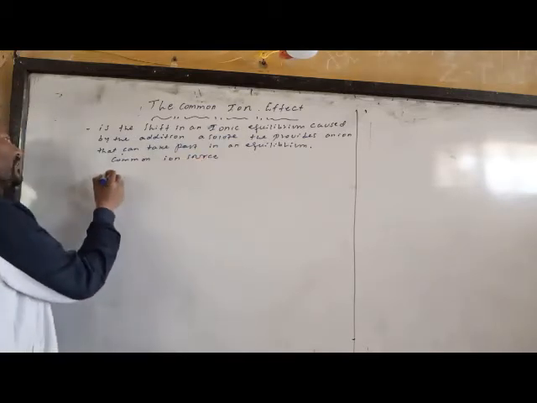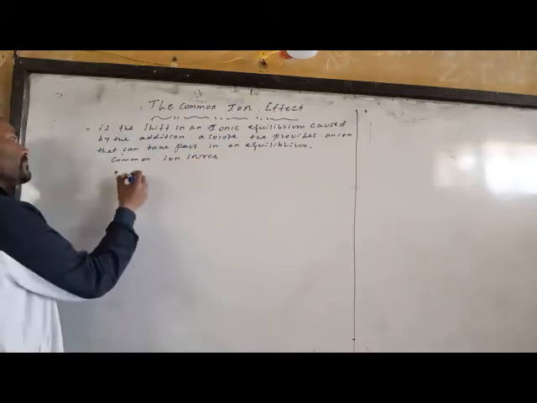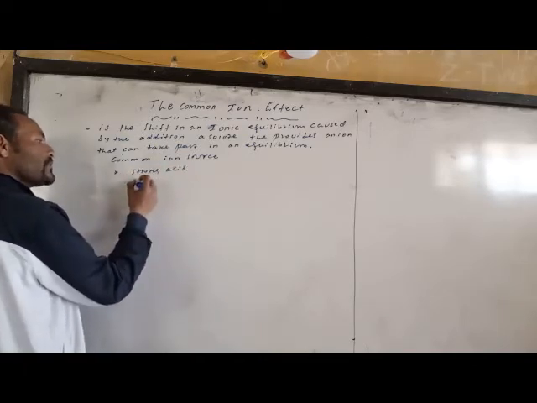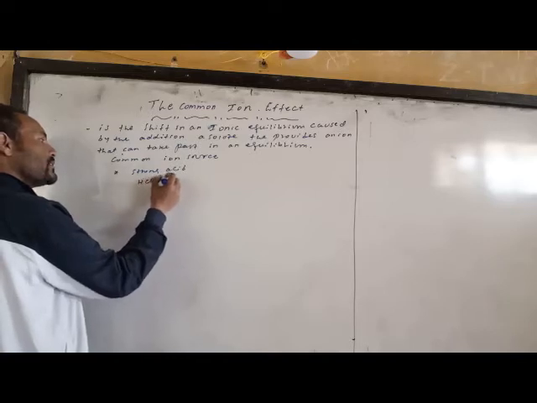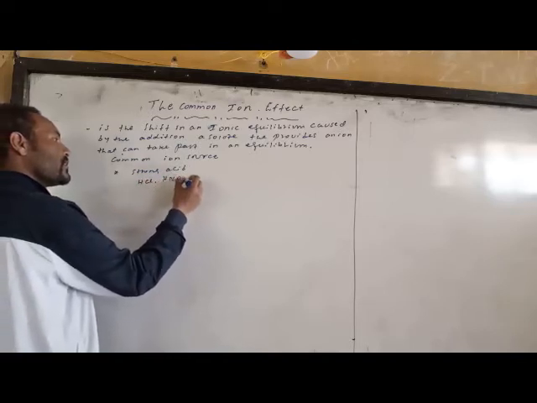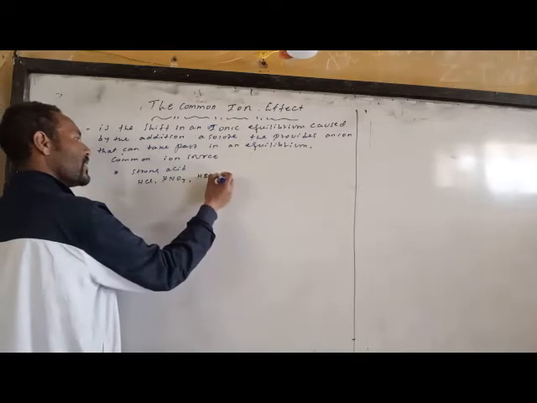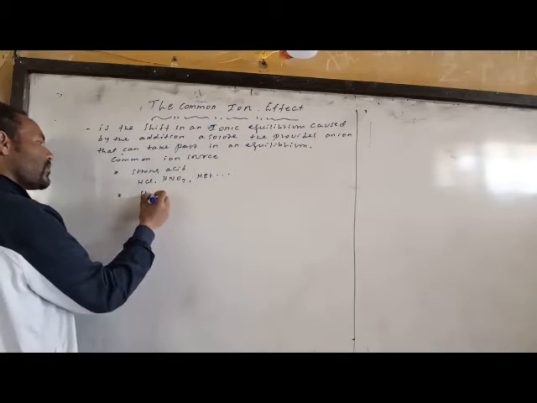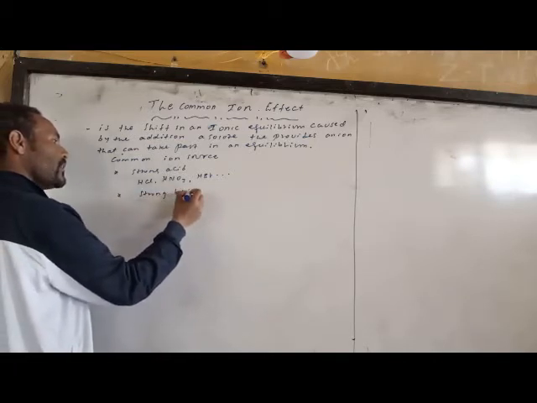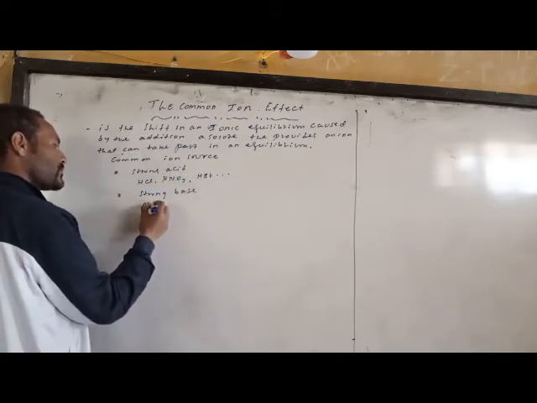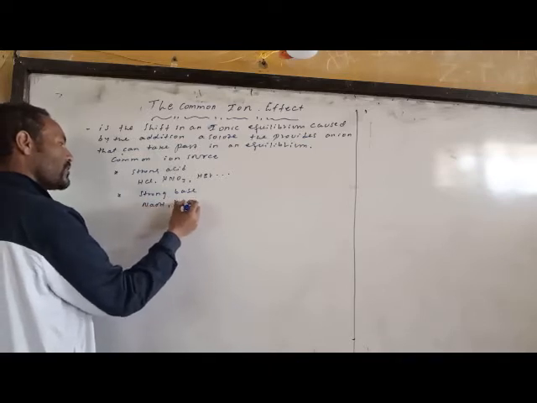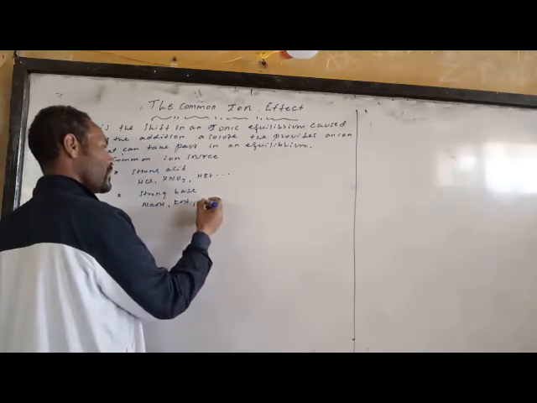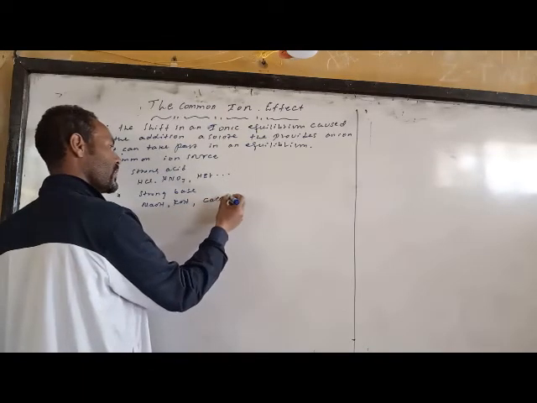A common ion source can be a strong acid, like for example hydrochloric acid or nitric acid or hydrobromic acid and the like, or it can be a strong base like sodium hydroxide or potassium hydroxide, or calcium hydroxide and the like.